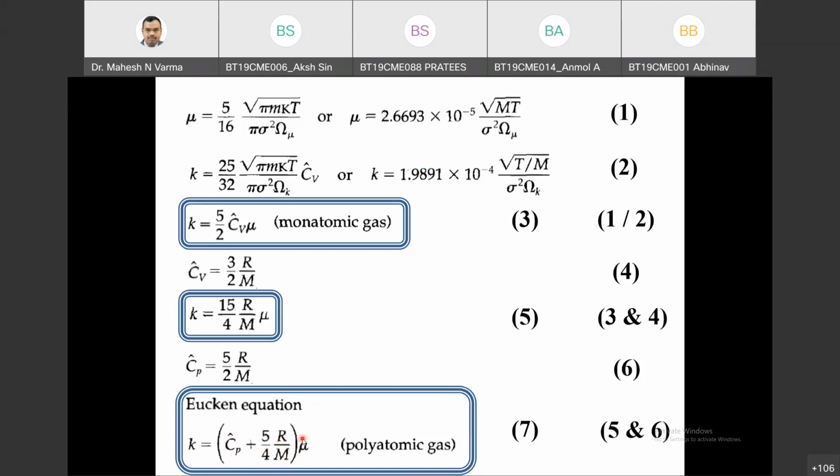Get the value of critical temperature, critical pressure, and critical viscosity from the data book. Get the value of viscosity at given temperature and pressure, and using this Eucken equation, you can get the thermal conductivity value. Okay, and the fourth way is get the value of viscosity using the Maxwell equation, and substitute in this equation, so you will get the thermal conductivity.